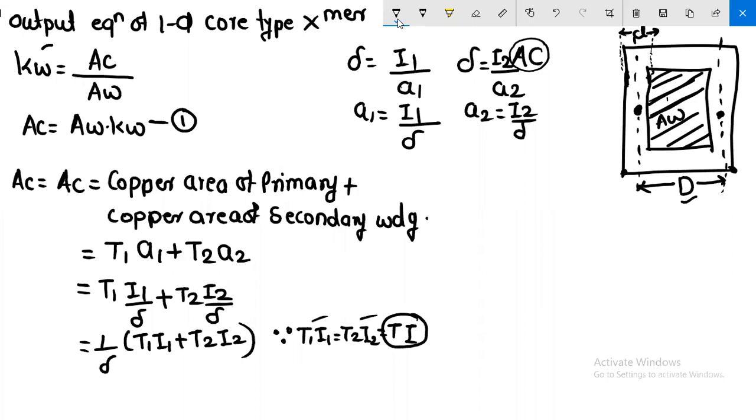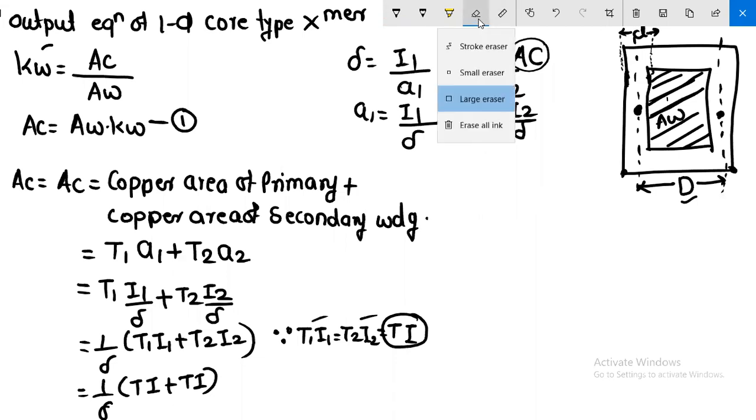Okay, so what I will put the value here, it becomes 1 upon delta Ti plus this is nothing but the Ti, correct? This Ti into Ti, what does it become? 2Ti, absolutely.